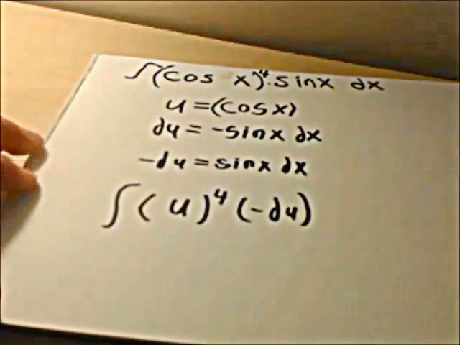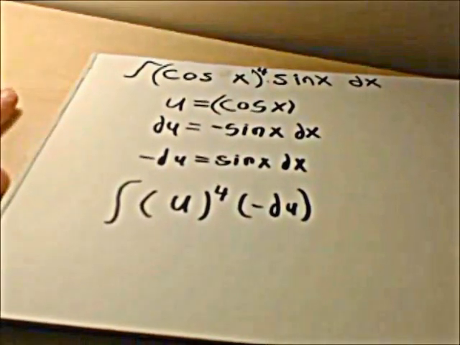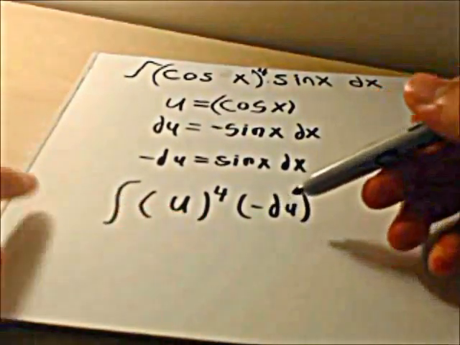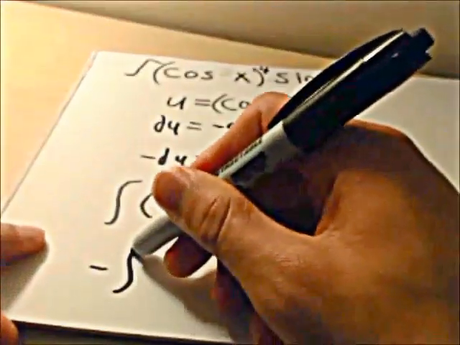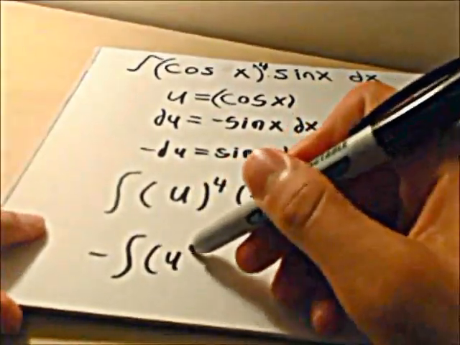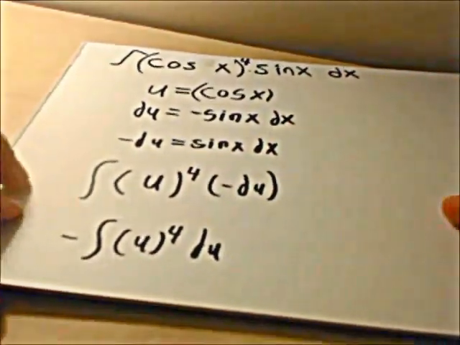And now we've just got a normal, easy integral problem. What we can do is pull the minus out as a -1 outside the integral. Now we've got u to the power 4 du, and we can just take the integral.